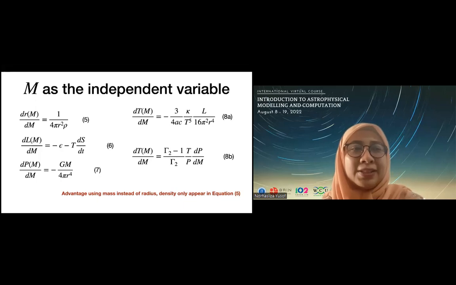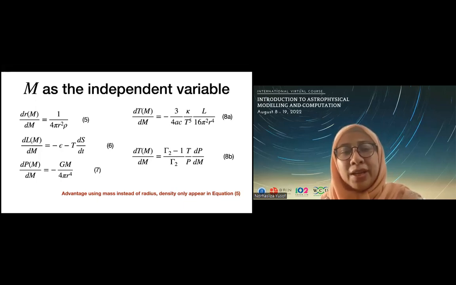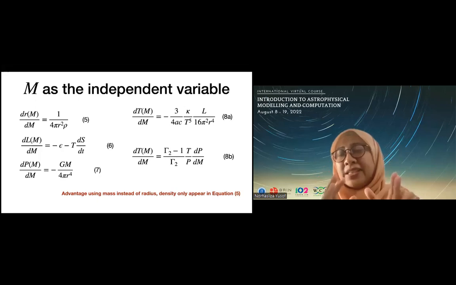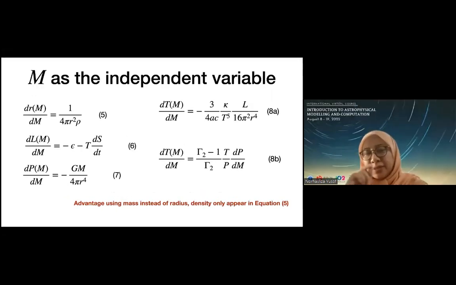The rotation is usually not implemented thoroughly in a star. Even for the sun, when we calculate, we consider a static star. We don't include the rotation, although there is a very small rotation.